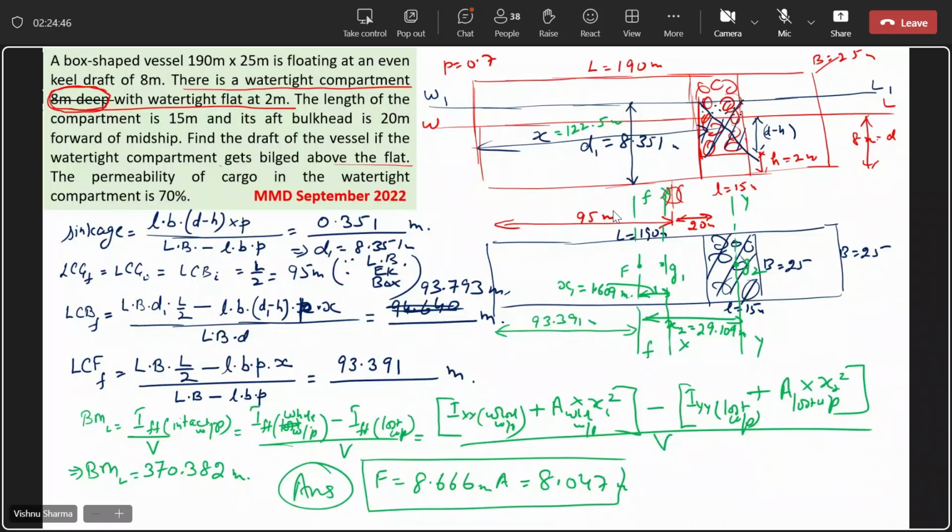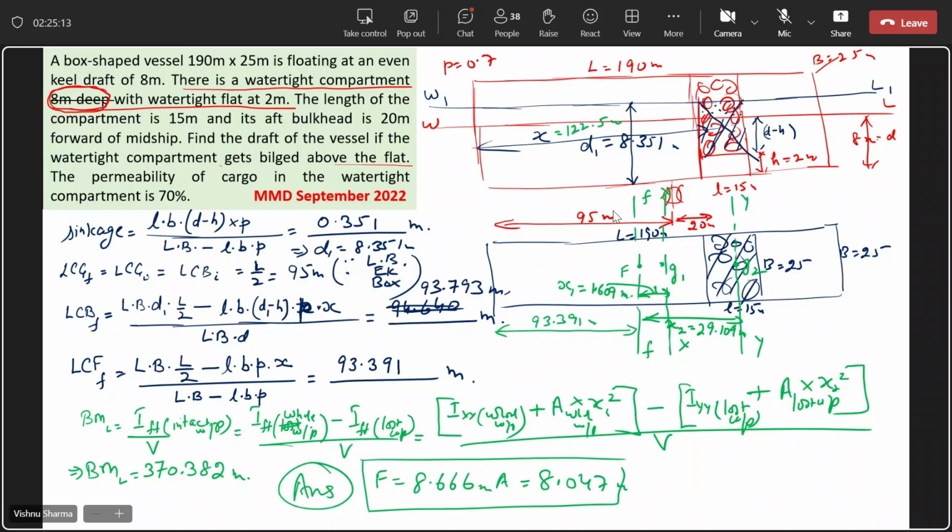He's also calculated MCTC. All these things will cost you time. Why unnecessarily waste your time here when you can simplify the formula? Captain Dubey's solution I've shared on the group. I'm sure you would have received it. But don't worry about anybody's solution. Take the question, solve the question your way.